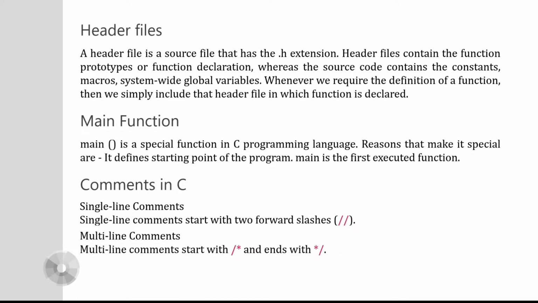Coming to the main function, it is a special function in the C programming language that defines the starting point of the program, and main is the first executed function. And about comments in C, we use single-line comments and multiple-line comments, which we can use like this.